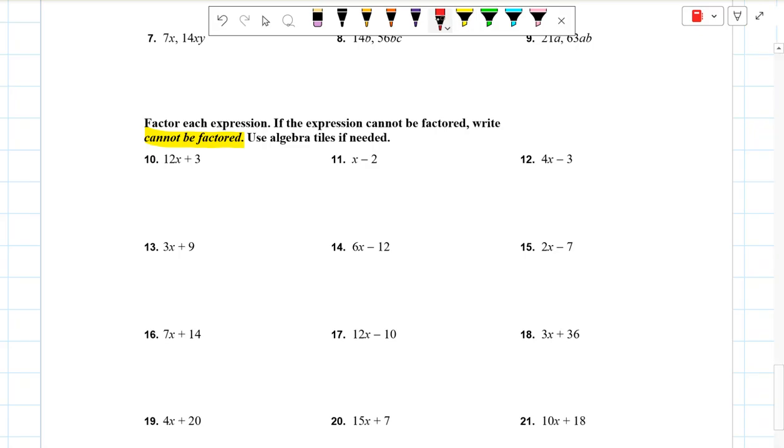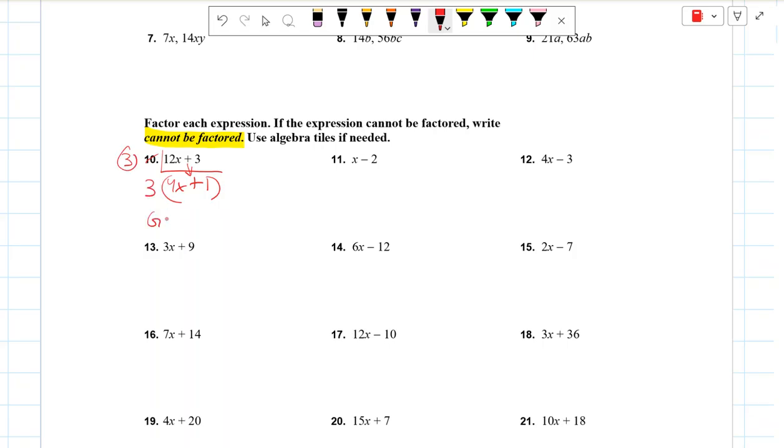So when we come down here, we set this up upside down. The 10's in the way, so I'll kind of cross it out. And 3 goes into both. 3 goes into 12x 4x times, and 3 goes into 3 once. We'll bring down that plus sign. We make it into our parentheses, and we put our GCF out in front.